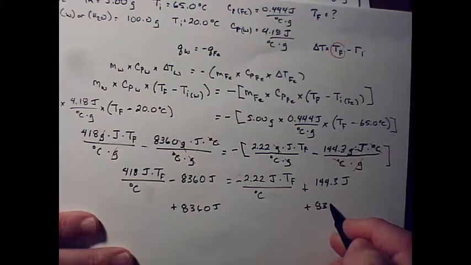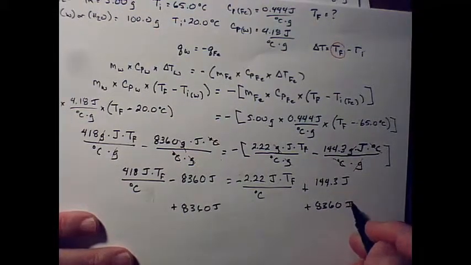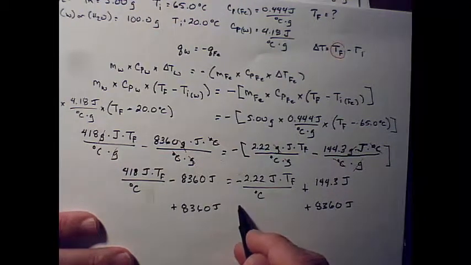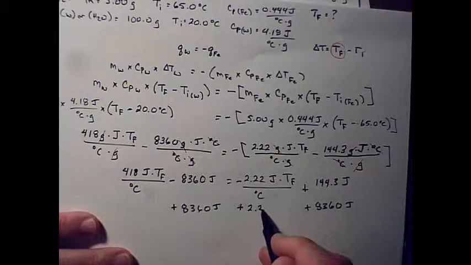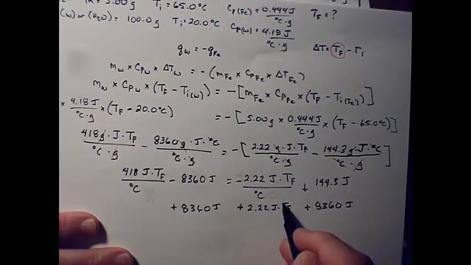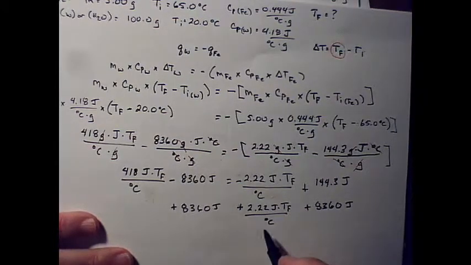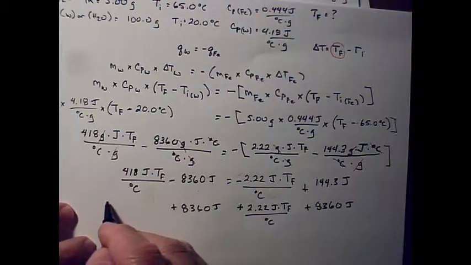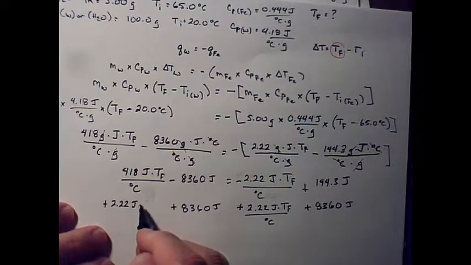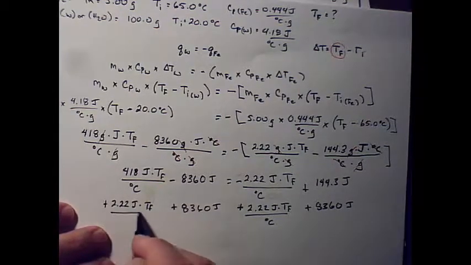What I do to one side, I must do to the other. Otherwise, it won't remain equal. And then I'm going to add to both sides this term, 2.22 joules times temperature final over degree C, and then plus 2.22 joules times temperature final over degree C.